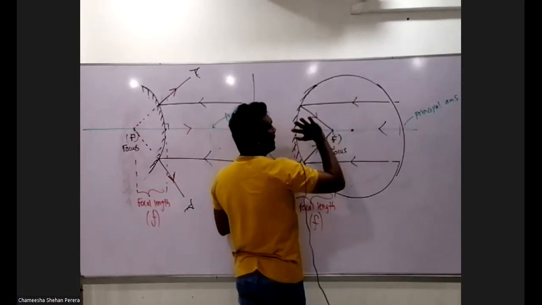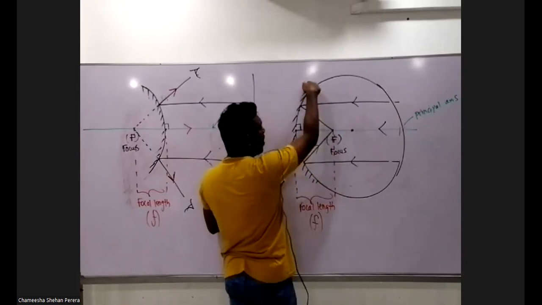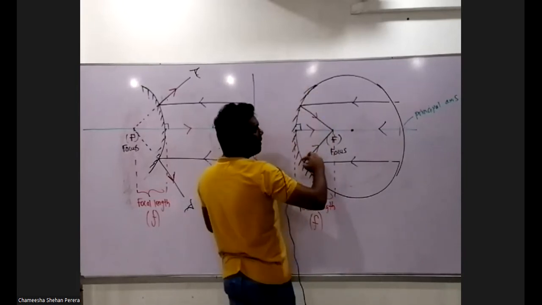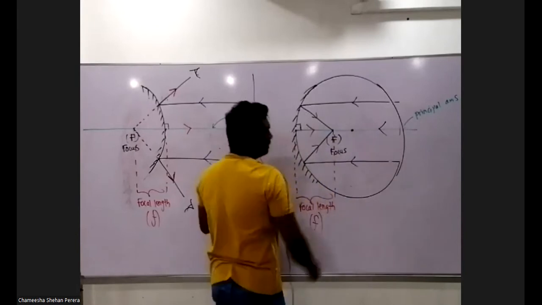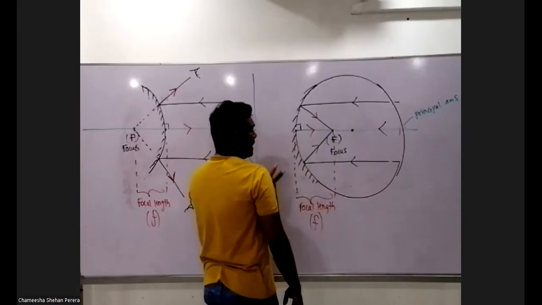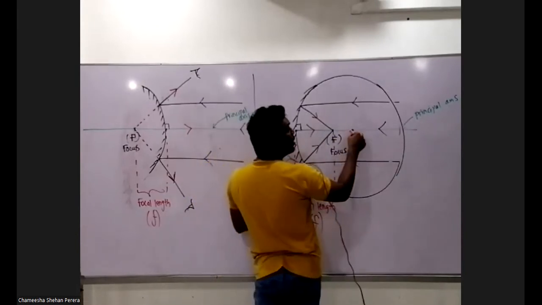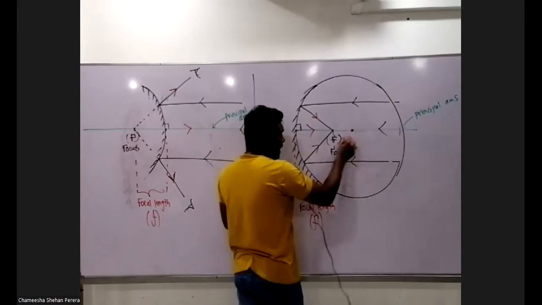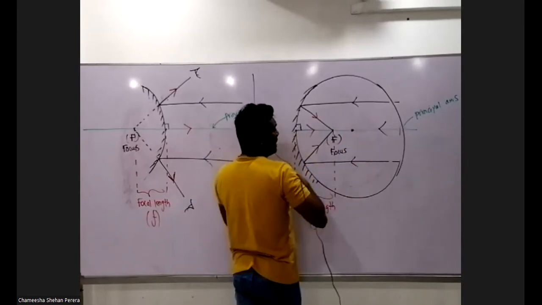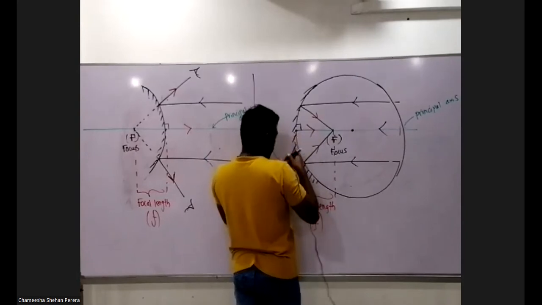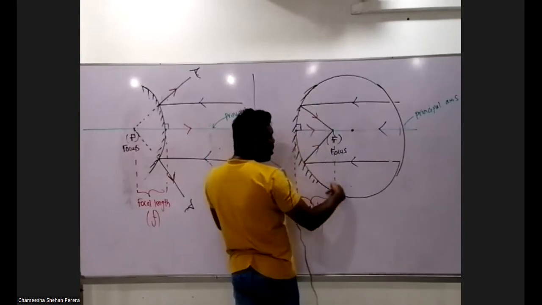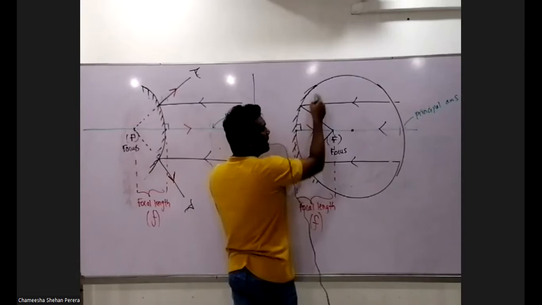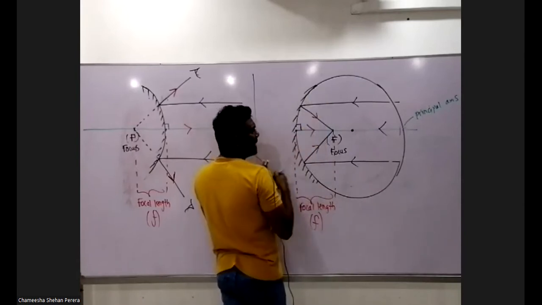This concave surface was obtained from a sphere, and from the center of the sphere, we drew a line to connect the pole of the concave mirror. The center of the concave mirror is known as what?